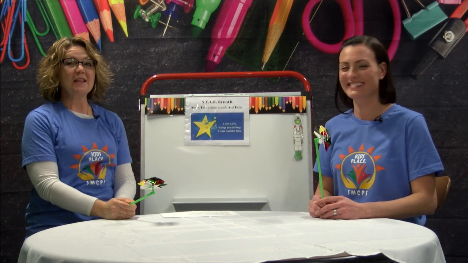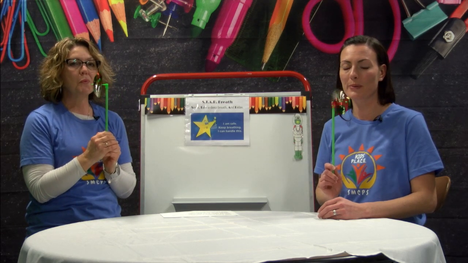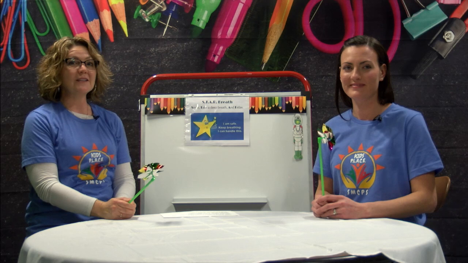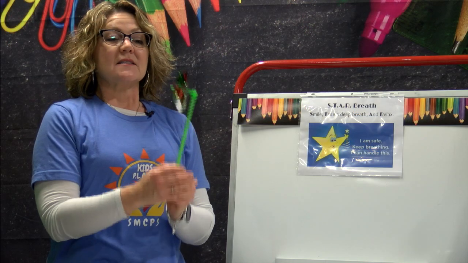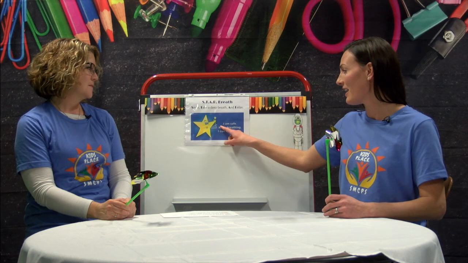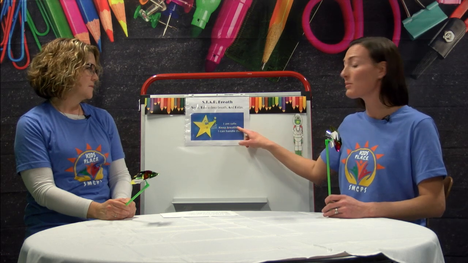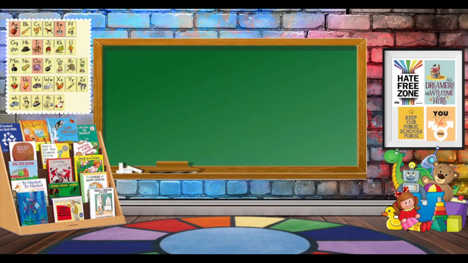Again, breathe in and out. Last one, smile, take a deep breath, and relax. Always remember, I am safe. Keep breathing. I can handle this. And now we're ready to learn.